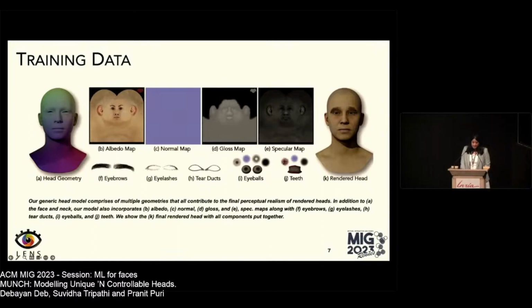Besides head geometry and albedo maps, we did not actually generate eyebrows, eyelashes, tear ducts, eyeballs, and teeth. We just used head geometry and these texture maps for our 3D head generation. And these other assets were used for final rendering later using any rendering platform.